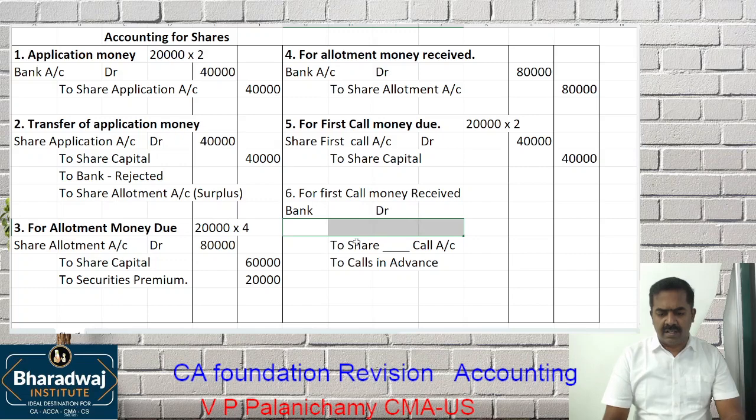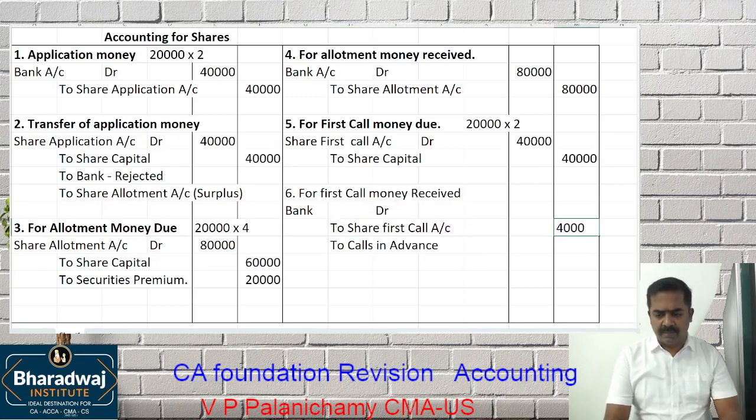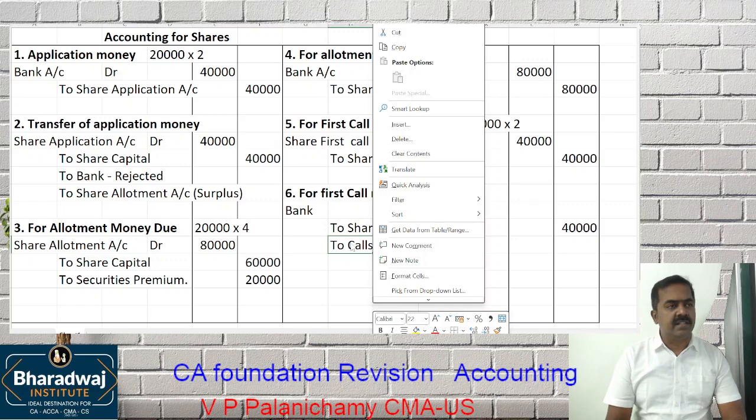There are calls in arrears and calls in advance. For the first call, we need to collect 40,000. One shareholder paid full money at the time of the first call itself, which means the final call money is received in advance.